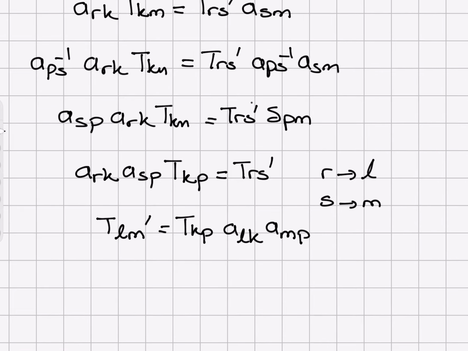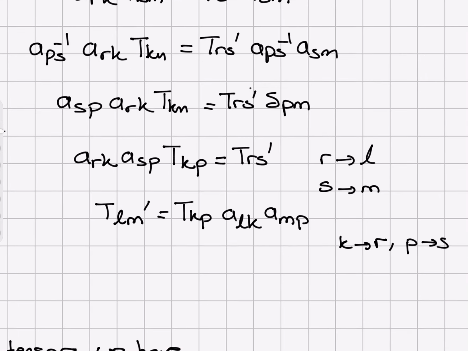All right, so this means I have, if I recall k as r and p as s now, this is going to become T_lm prime is equal to T_rs a_lr a_ms.